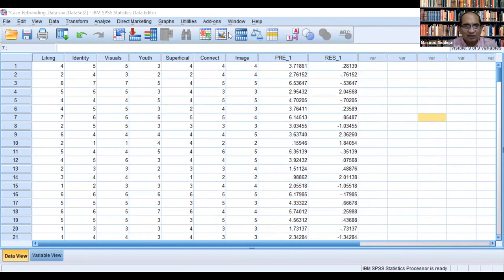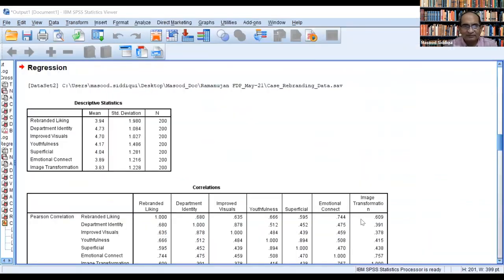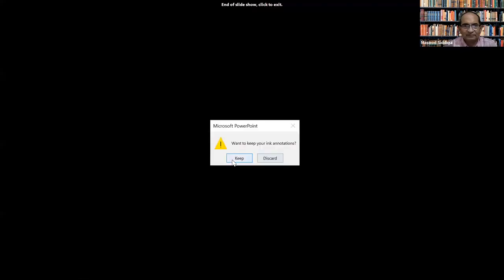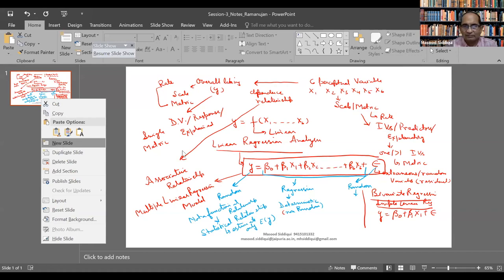So first I should explain some concepts. Now, since you have taken y as beta 0 plus beta 1 x1 up to beta 6 x6 plus the error term, this is known as our proposed regression model, and it is for the population.